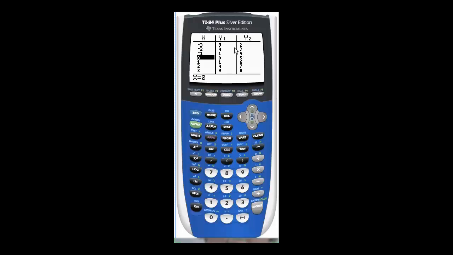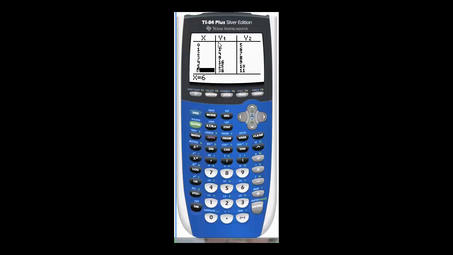And maybe they intersect again, actually. If you look a little bit further, looks like here y1 is smaller, and here y2 is smaller, so maybe they intersected again somewhere in this vicinity.